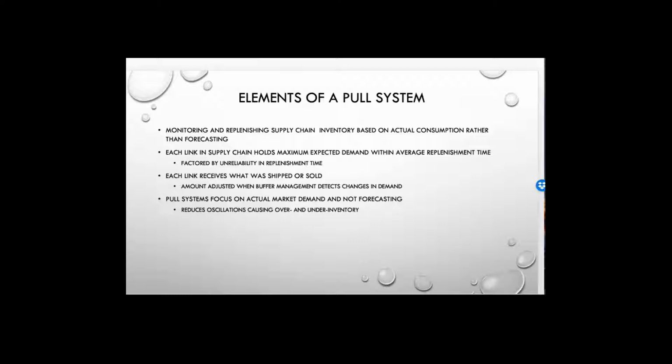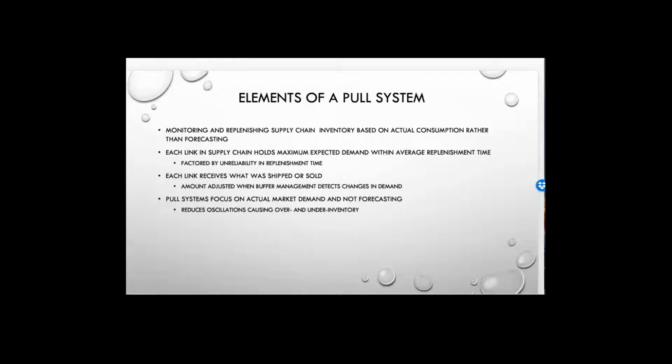And this is a key thing: pull systems focus on actual market demand and not forecasting. In our actual market demand, we look at the most recent demand and we react to that. Now, to do that, you must have very low replenishment time and low lead times.